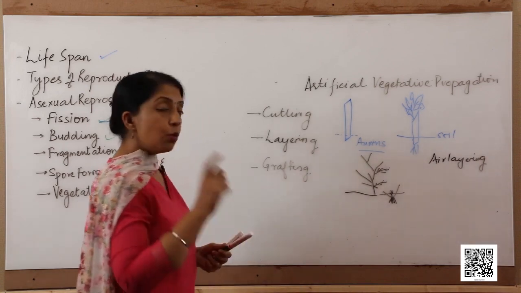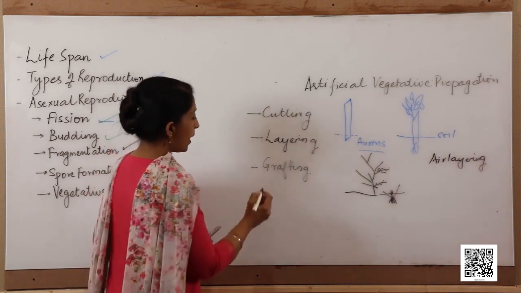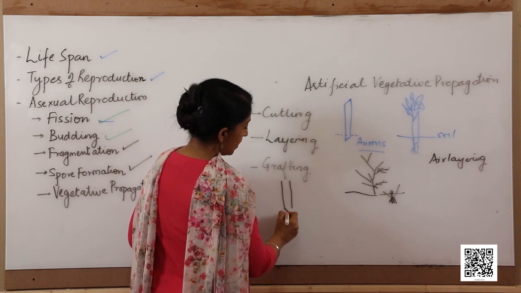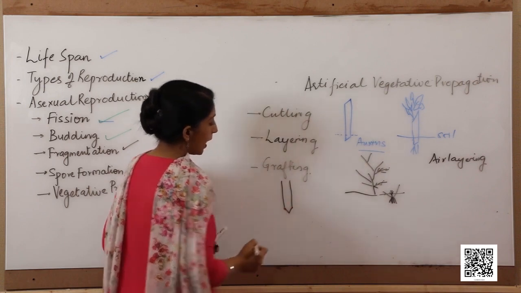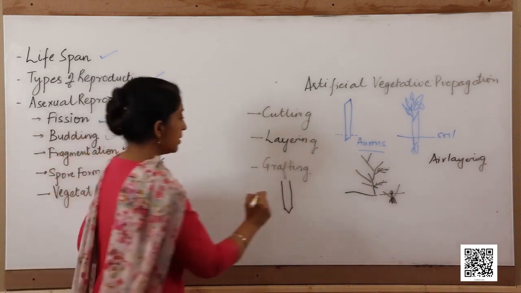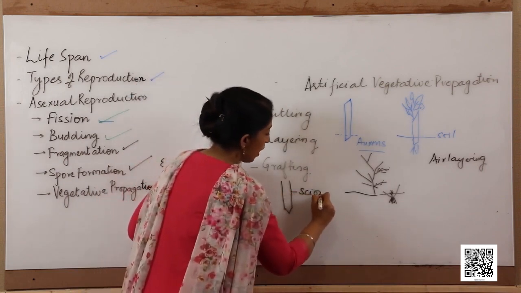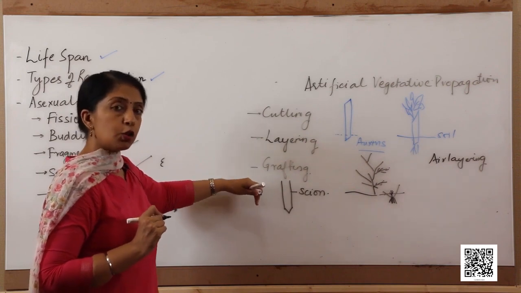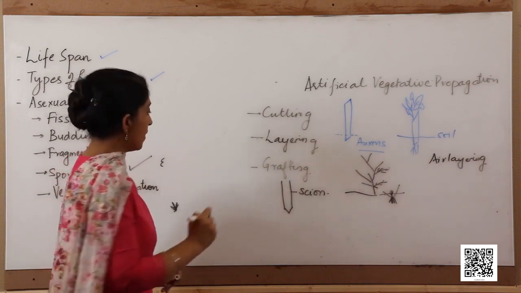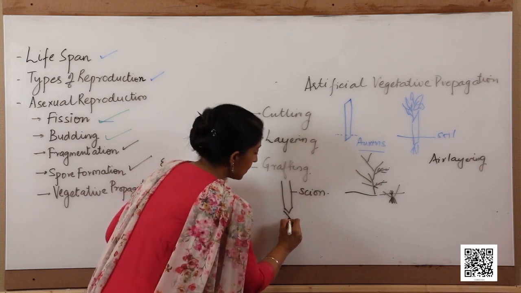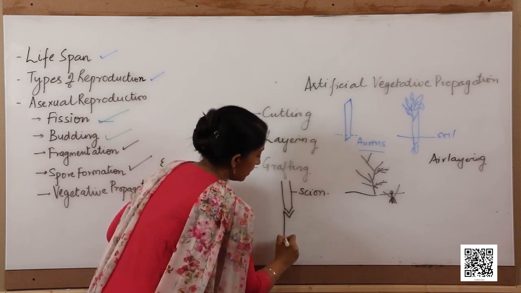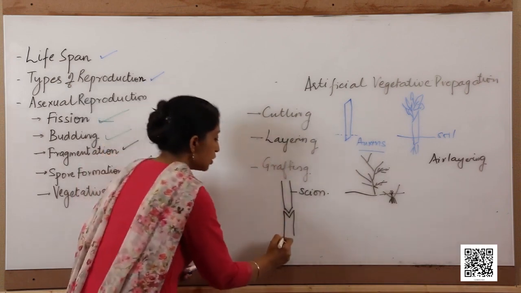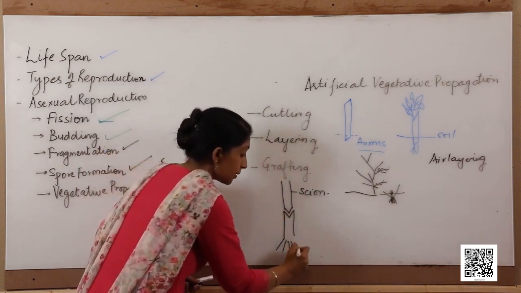The shoot part which is taken is known as the scion, and usually a cut is made into it. We make a kind of wedge cut on the scion, which is the graft, a part of the branch or the shoot from one of the plants. Then this is inserted into another plant which has a stronger root system.